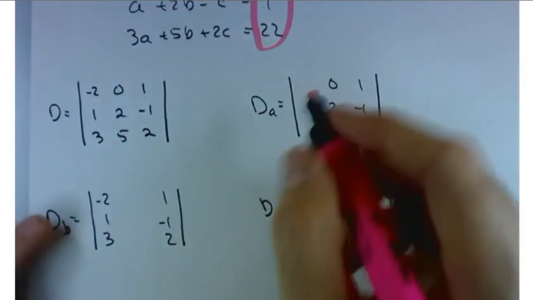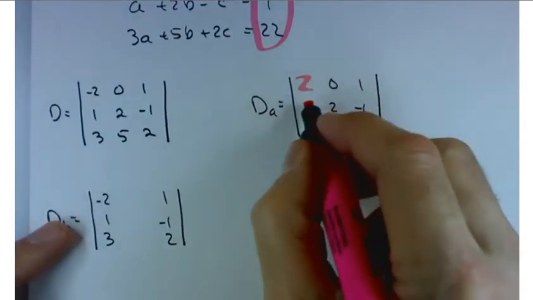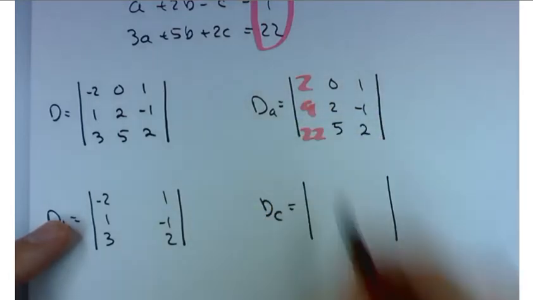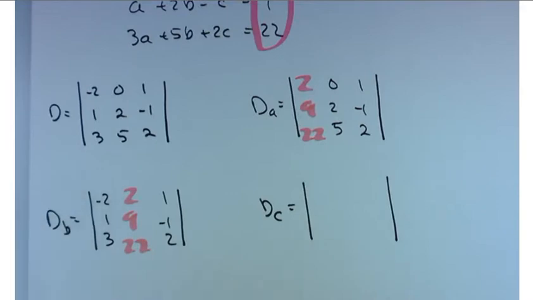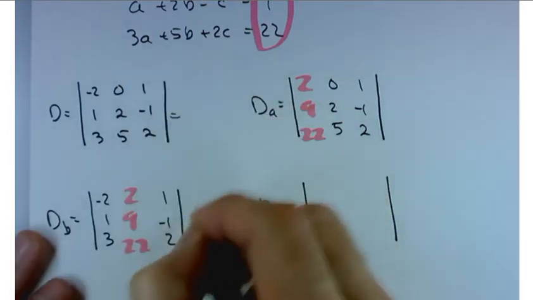So this is going to start looking like this: 2, 9, and 22. I'll leave it up to you to do the last one. So try and make sure you can write down that last one.